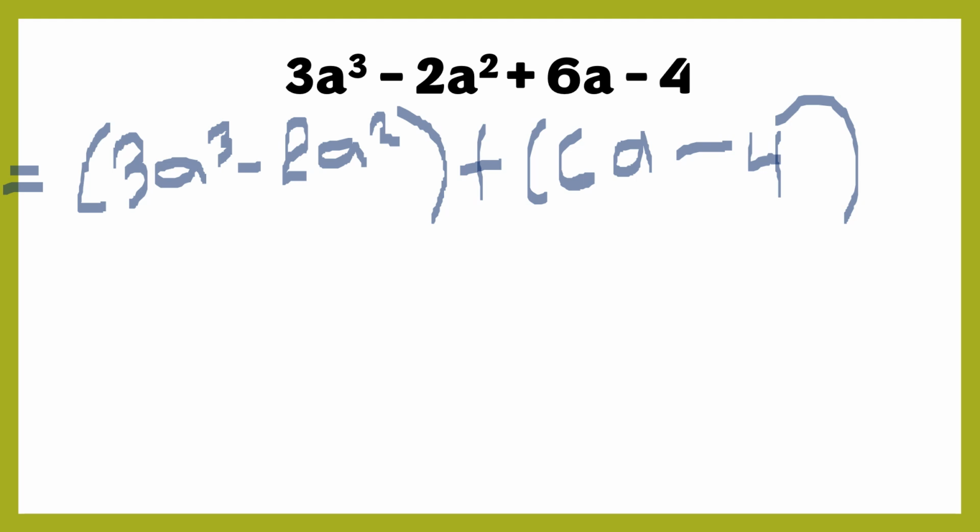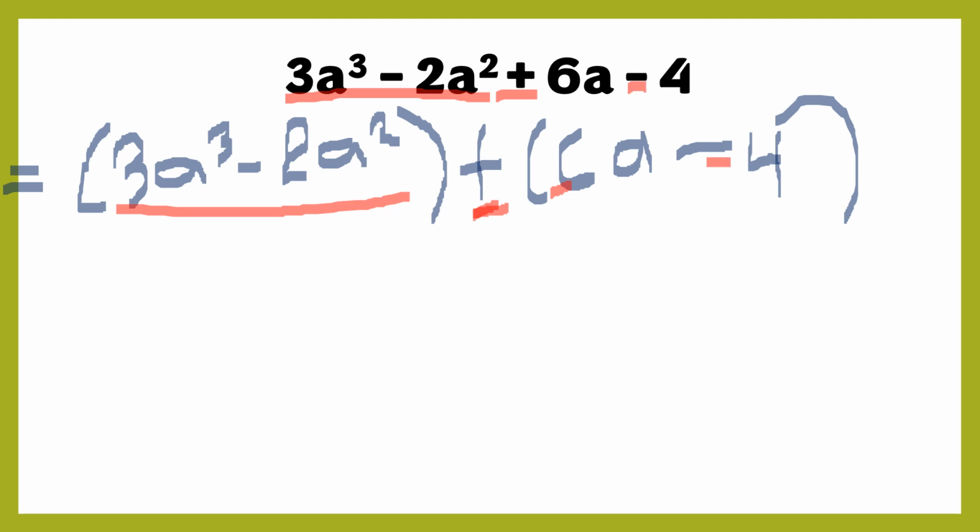Before we solve it, let's check if all the given operations are correct. 3a cubed minus 2a squared is the same here. Now, if you have positive times positive, the answer is positive. Check. If you have positive times negative, the answer is negative.